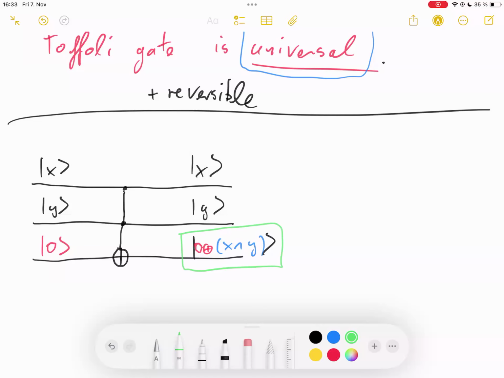If you have an answer, send it to the chat. If you see the answer, maybe send a thumbs up. If you don't see the answer, what this gate is doing now, maybe a thumbs down.